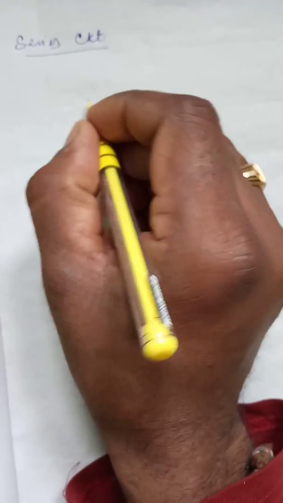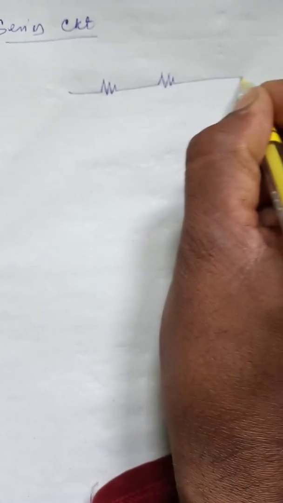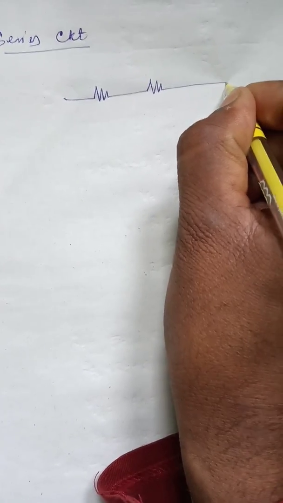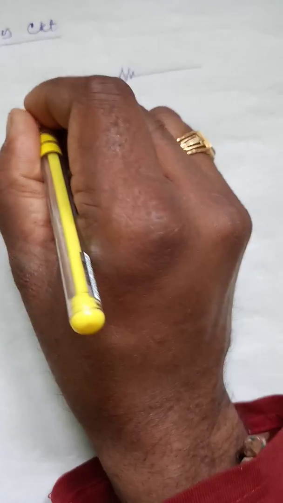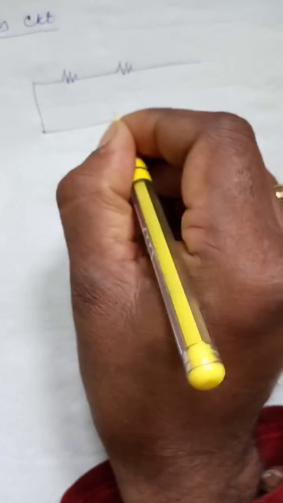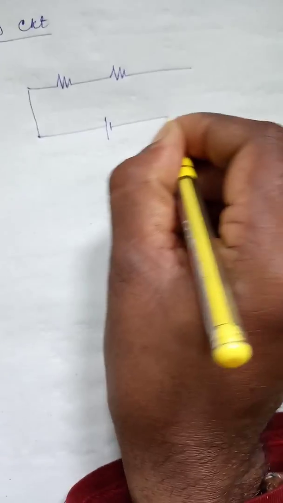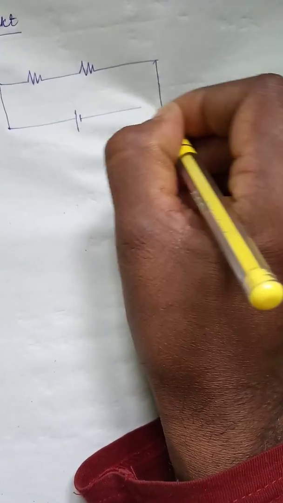Let's draw a circuit with a connected source V and name the resistances R1 and R2.